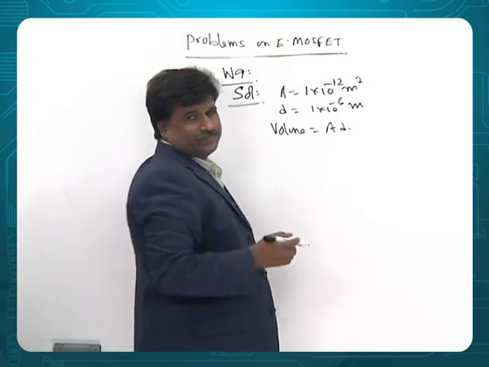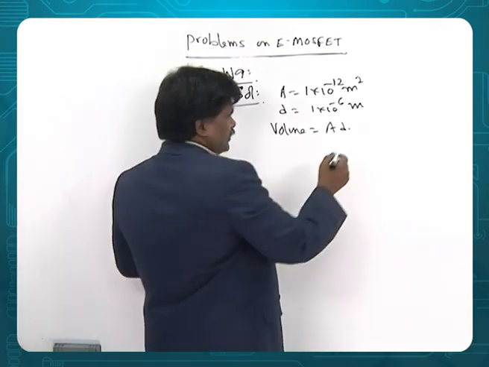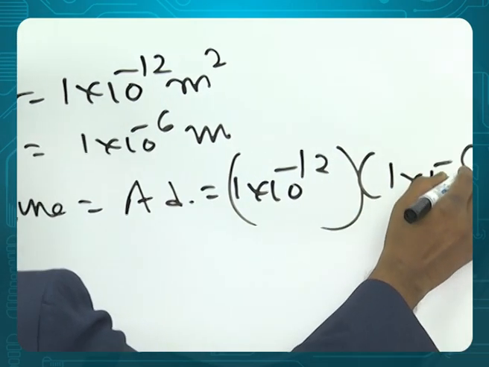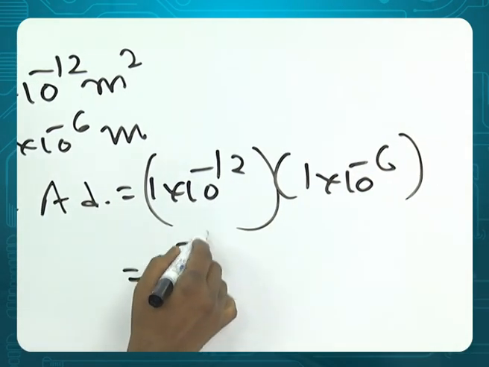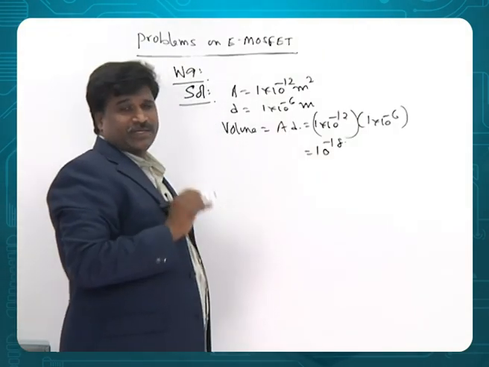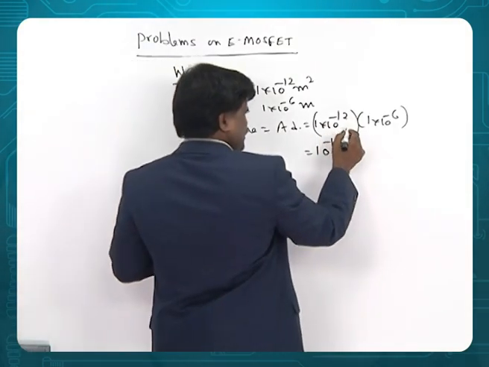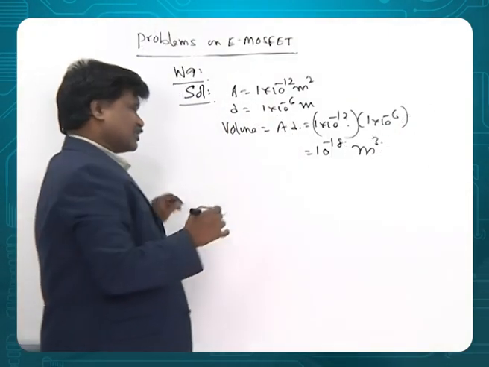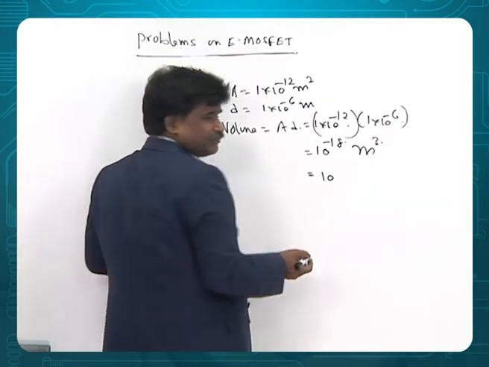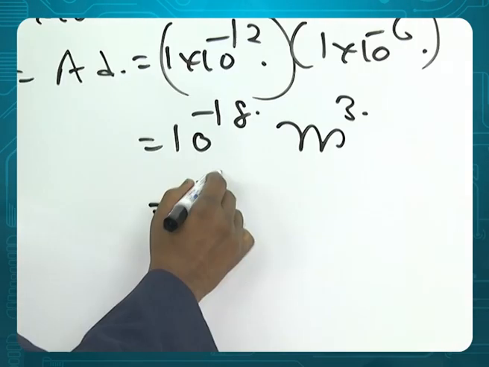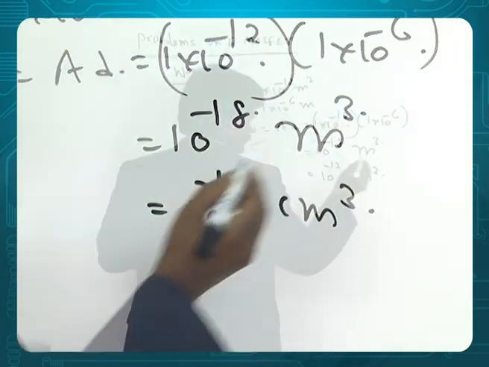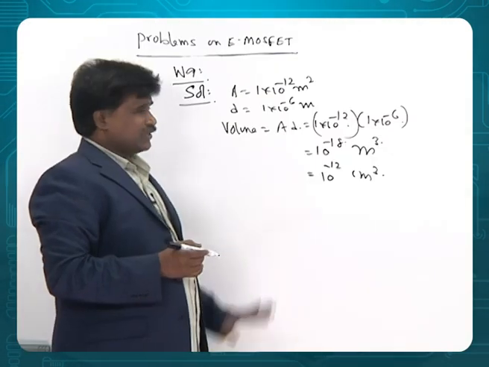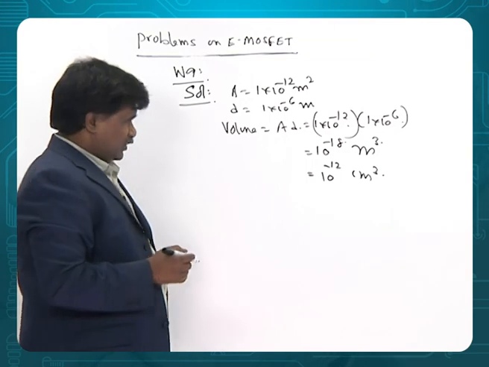Volume is area times depth, that is 1 × 10^−12 × 1 × 10^−6, which is 10^−18 m³. Converting meter cube to centimeter cube, it becomes 10^−12 cm³. That's the volume we have calculated.